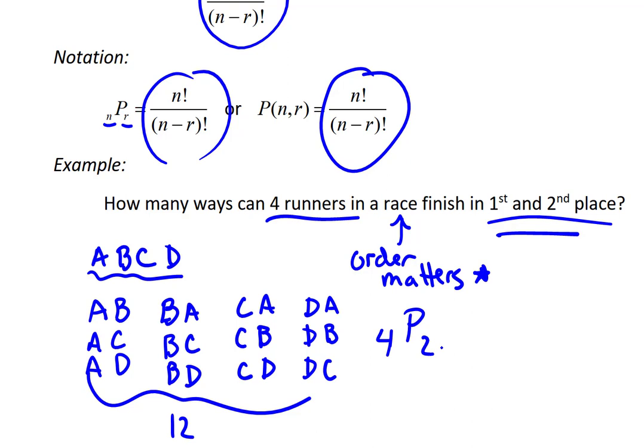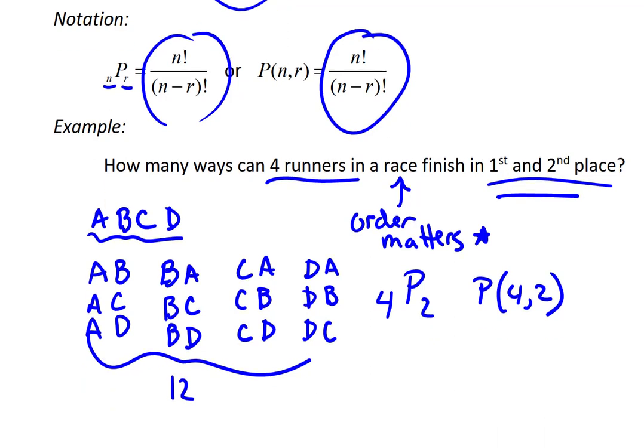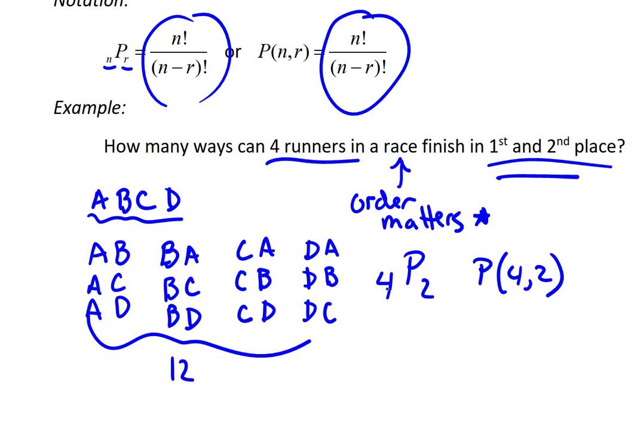So we could call this 4P2 using the notation above, or you could use the other notation and say P of 4 comma 2. Either way, it's the same way to represent this formula where n is the total number of possibilities, that's 4. So either way, this is really 4 factorial, that's the numerator of this permutation definition.